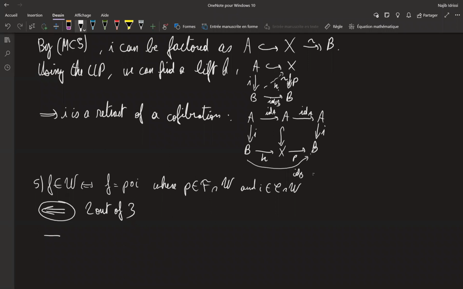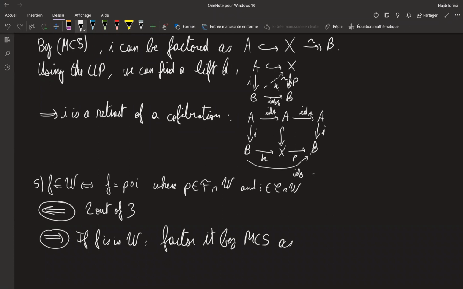All right? Now the reverse. If F is in W, factor it by MC5 as, doesn't matter, for example, something like this. So this is F, and you factor it as a cofibration followed by an acyclic fibration. But by 2 out of 3, okay, let's say this is I and this is P. By 2 out of 3, I is acyclic.